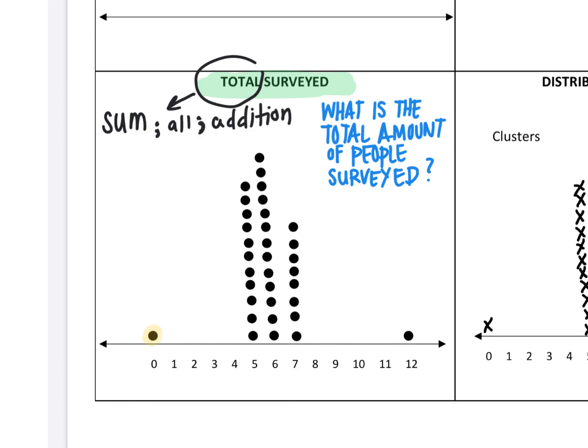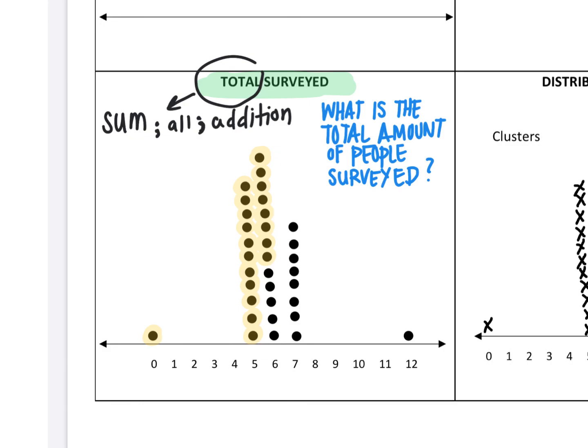I have 1, 2, 3, 4, 5, 6, 7, 8, 9, 10, 11, 12, 13, 14, 15, 16, 17, 18, 19, 20.